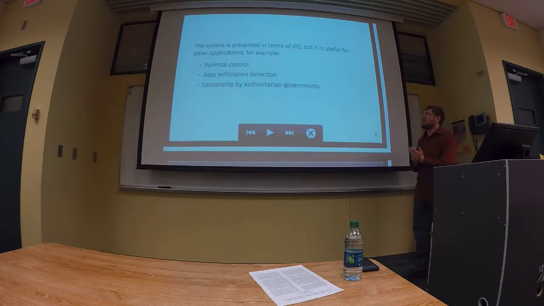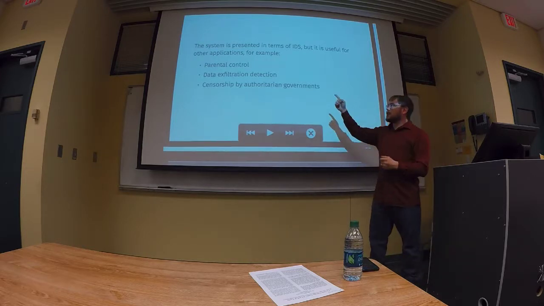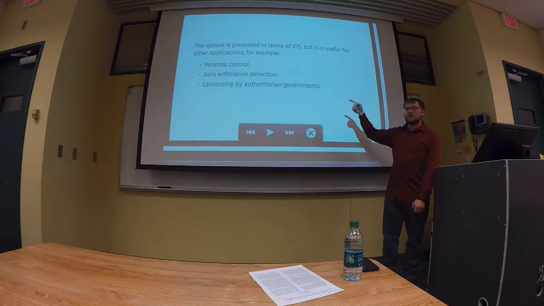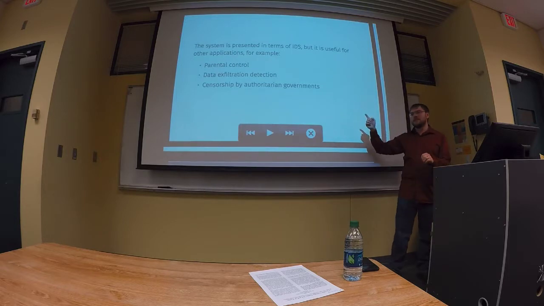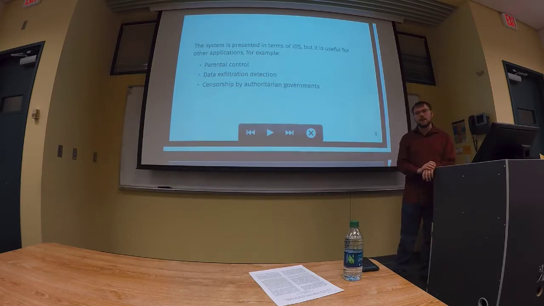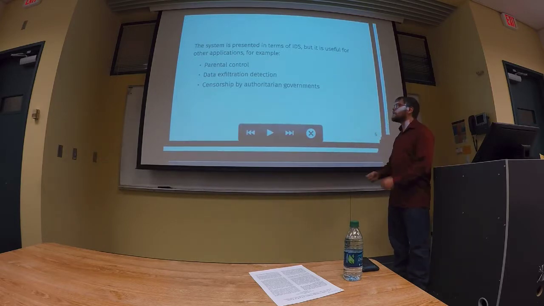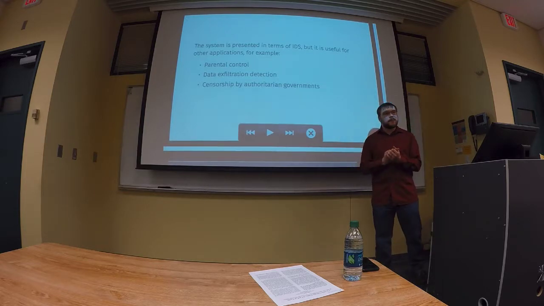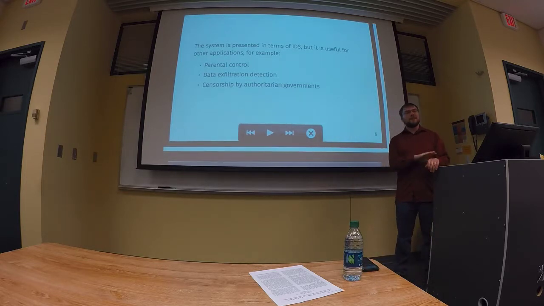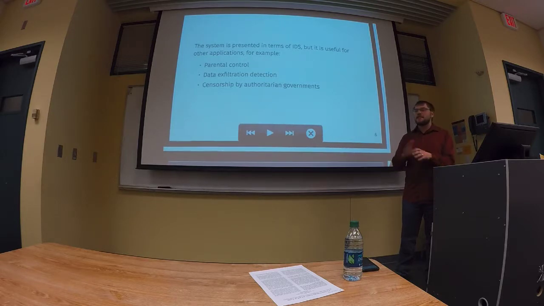Talking about some other use cases. It's useful for parental control, they talk about that. It's useful for data exfiltration detection by watermarks in documents. You can easily detect those with substrings. And censorship by authoritarian governments. And this is sort of a critique of this application of searchable encryption in general.